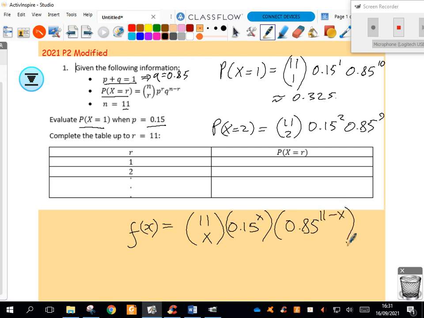If you input that function, start at 1, finish at 11, and go up in steps of 1 unit, then that whole table will be presented to you on your calculator. So make sure you can input a table of values on your calculator.